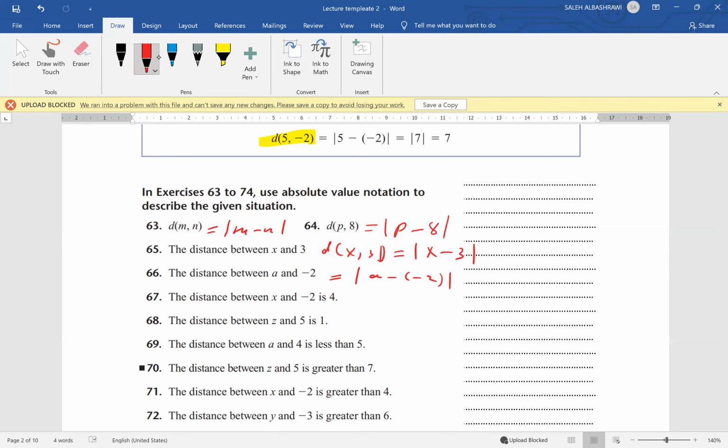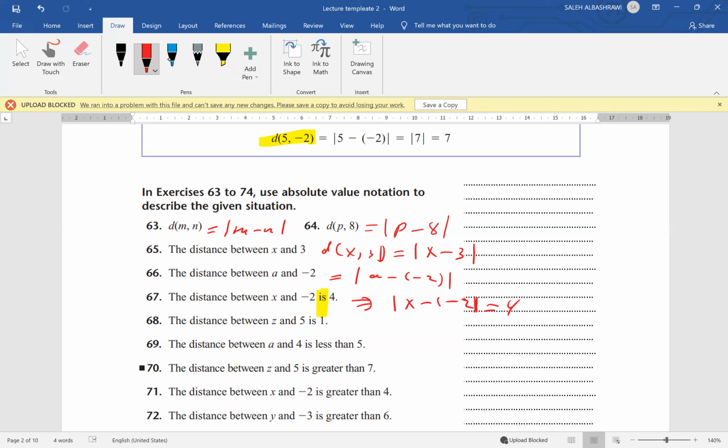Number 67, the distance between X and minus 2 is equal to 4. So I have the distance between X and minus 2. Deal with this first. It is equal to the absolute value of X minus minus 2. Now, when we see this word "is", it means equal.